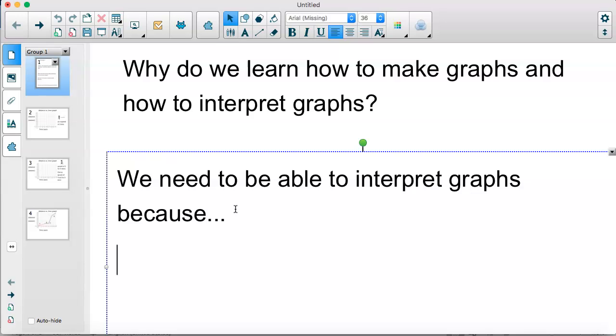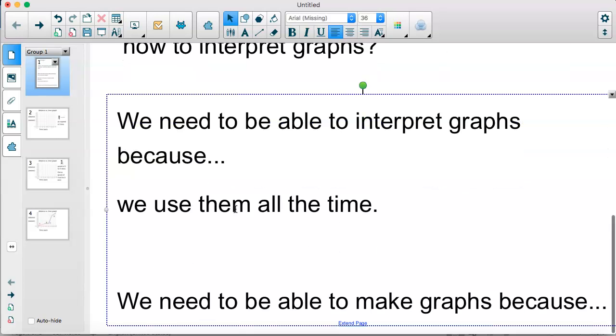Distance and time graphs, right? There's a lot of different kinds of graphs out there, and being able to interpret graphs gives you access to a lot of information that you wouldn't otherwise have. So they're really powerful because we use them all the time.